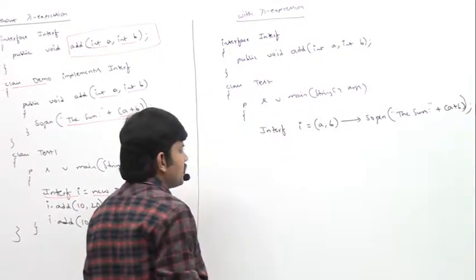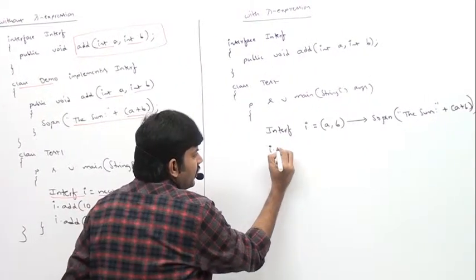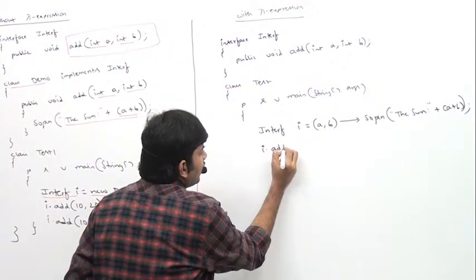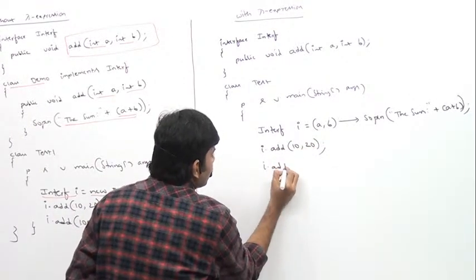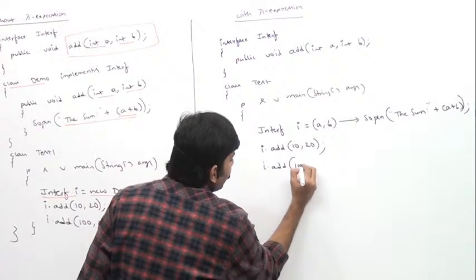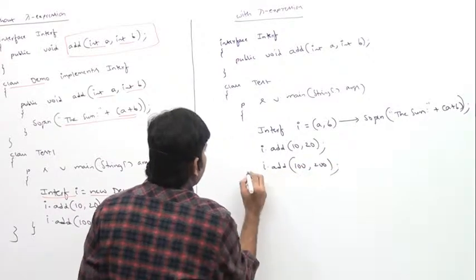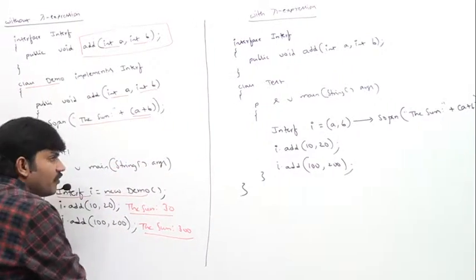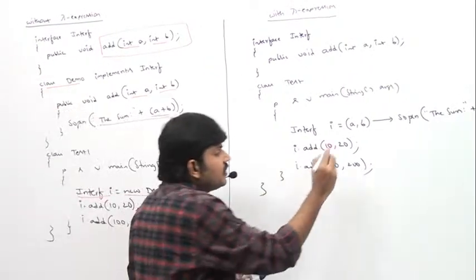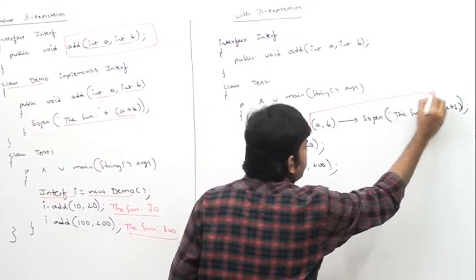The sum a plus b. Now i.add(10, 20), and i.add(100, 200), like this. Just have a look once, sir. This is about the lambda expression.